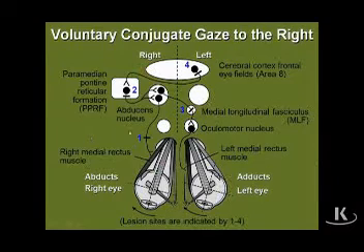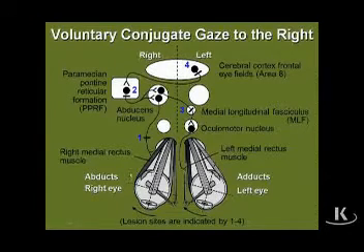So in our little model here, we're going to illustrate the neural mechanisms that permit horizontal conjugate gaze to the right. So in order to do that, we're going to have to wire up a neural mechanism that allows us to abduct the right eye and simultaneously adduct the left eye in a conjugate fashion.